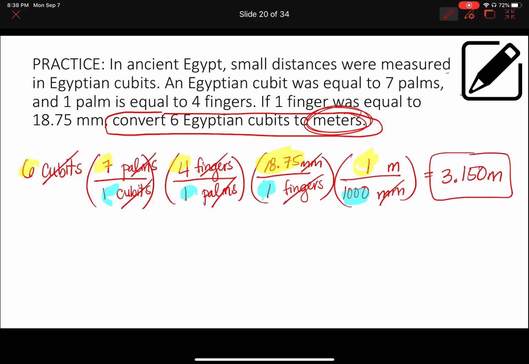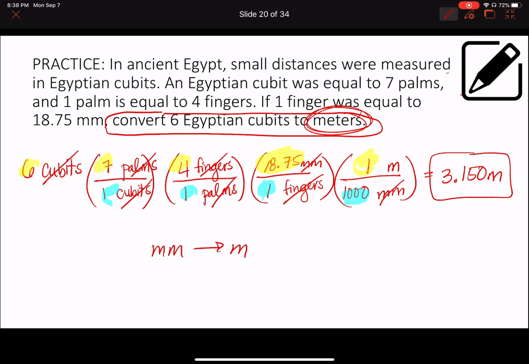And that's it. So usually, they give you the conversion factors, and then sometimes what they're going to expect you to do is to do it off the top of your head. Like, for example, the millimeters to meters. That one they might not give you like they did here on the example, because that should be something that you already know.